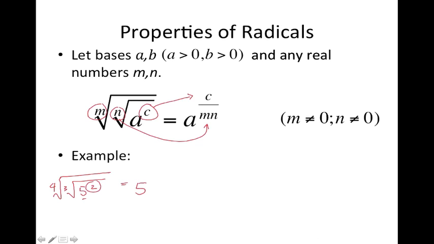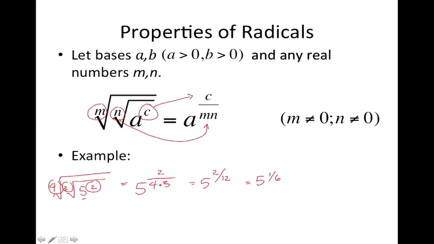This exponent under the radical is going to become our numerator, so 2 over m is 4 times 3 is n. So that kind of looks like a jumbled mess right now, but our base is 5 and our exponent is going to be 2 over 12. If we want to simplify that fraction, it becomes 5 to the 1/6. But we don't really need to worry about simplifying the fractions right now.